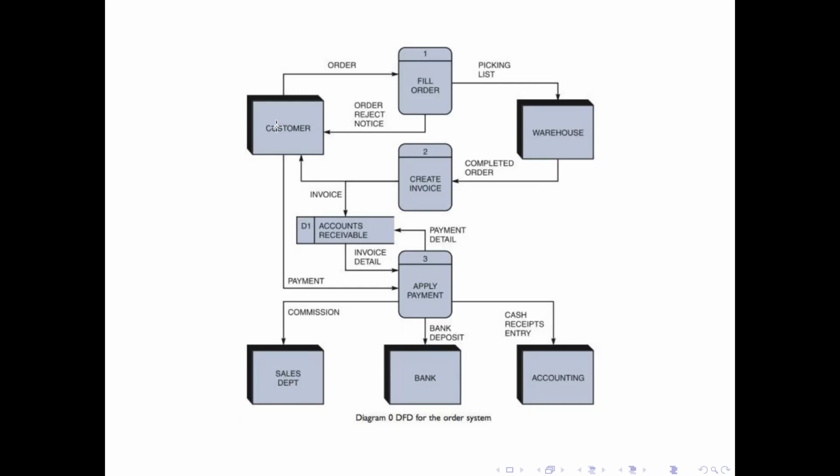So again, you will get the payment details, right? That is apply payment. Then you will get invoice details. And the customer will pay. And once we process the payment, there will be a commission for the sales department. There will be a deposit for the bank, and for accounting you will have cash.